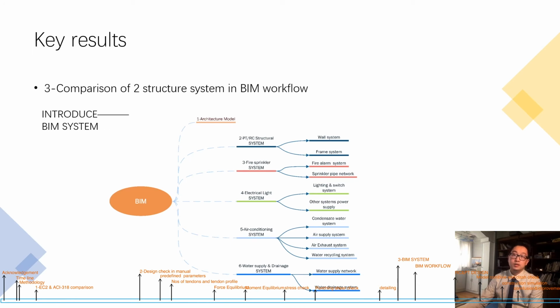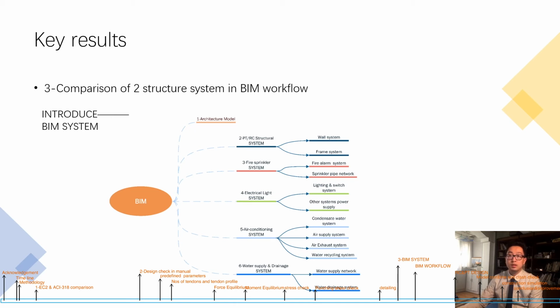Finally, this is a result of comparison of two structural systems in BIM workflow. First, I want to introduce a bit about the BIM system. BIM stands for Building Information Modeling.